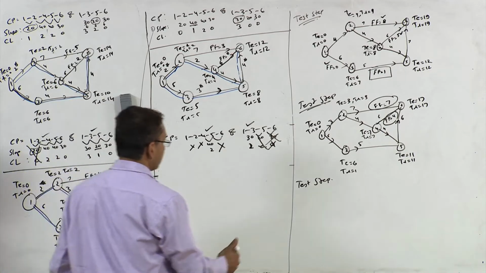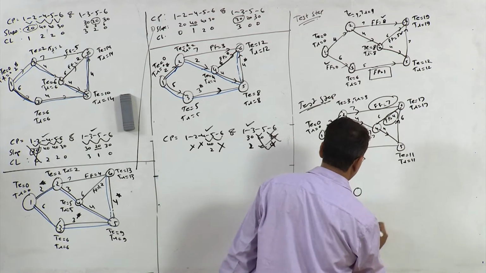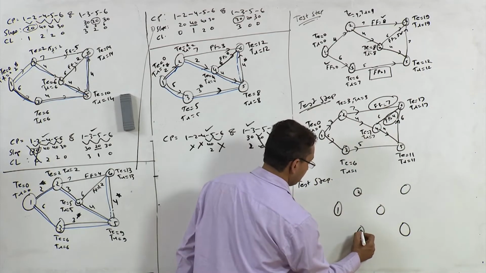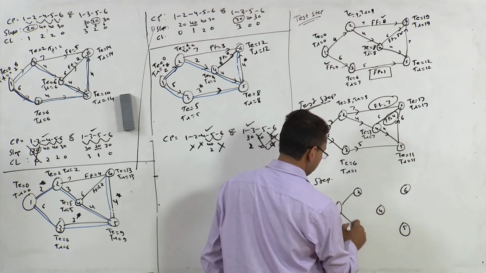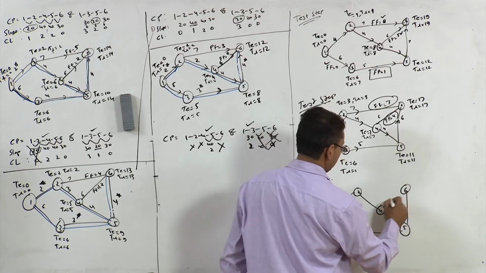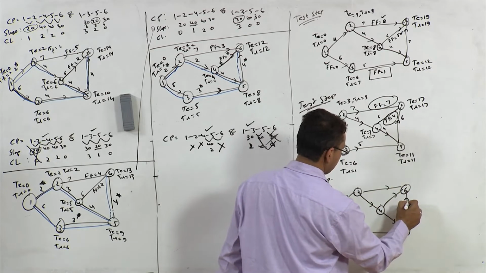Okay, so let us draw a network here. So 1 2 3 4 5 and 6, right? All these are the directions.